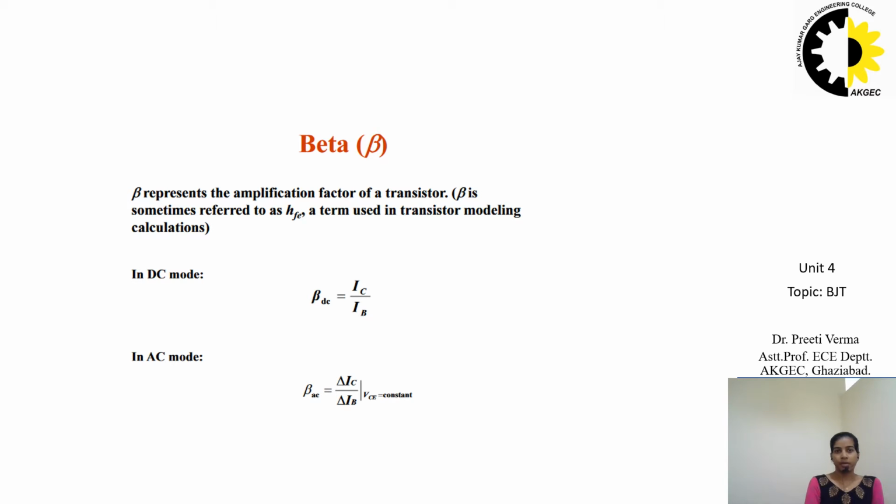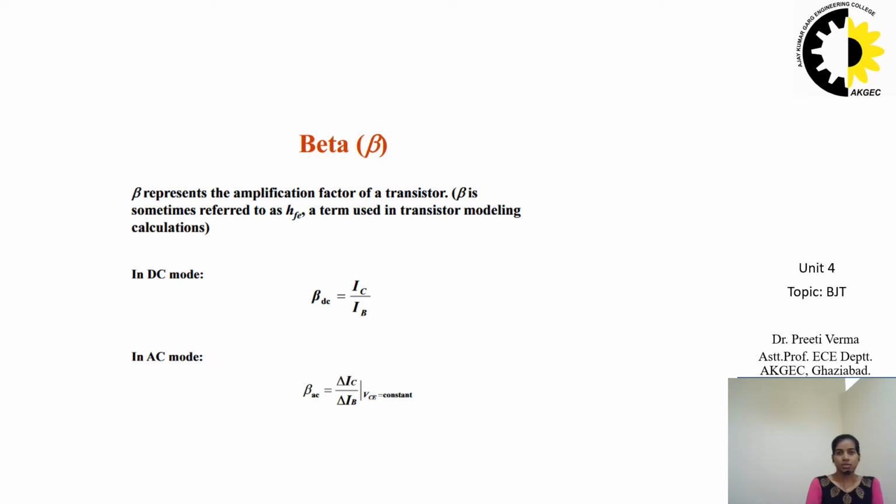For practical devices, the level of beta typically ranges from about 50 to over 400, with most in the mid-range. As for alpha, beta certainly reveals the relative magnitude of one current to the other.